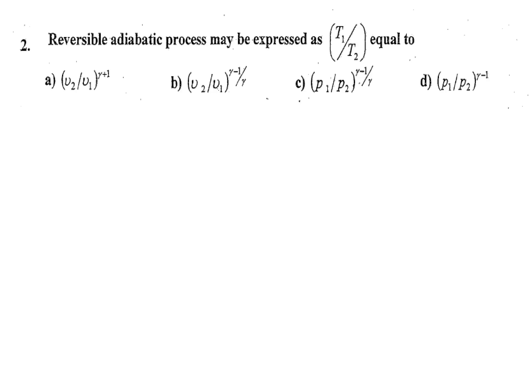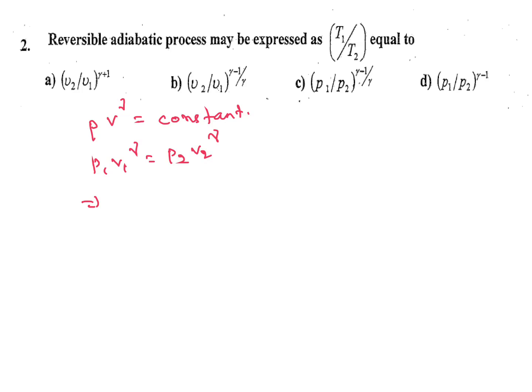Here, a reversible adiabatic process may be expressed as T1 by T2 equal to... We know for a reversible adiabatic process, PV to the power gamma is constant. From here, P1 V1 to the power gamma equal to P2 V2 to the power gamma.